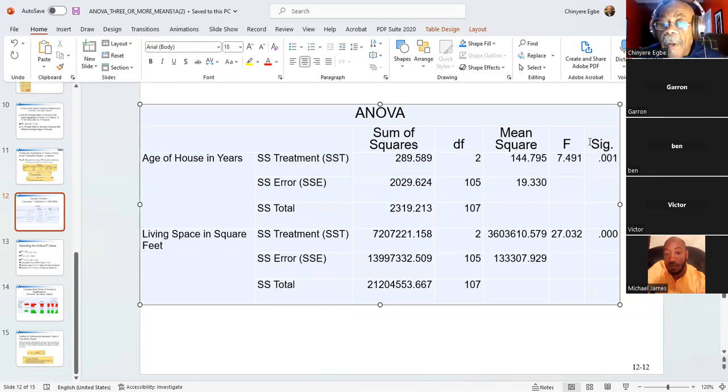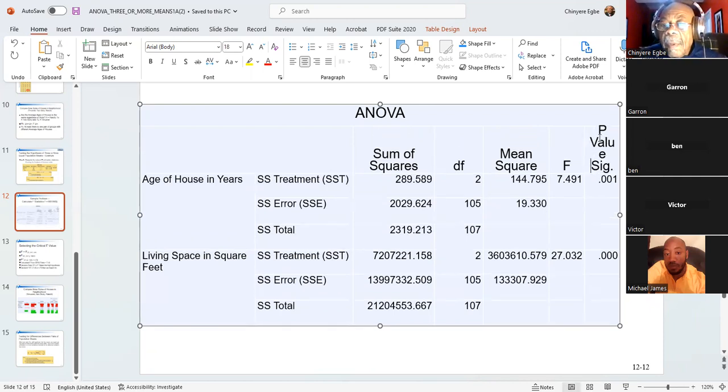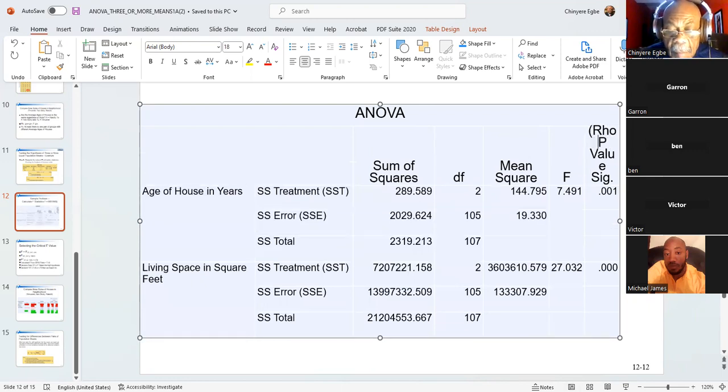Ordinary people call it the p-value. This is rho as in correlation? Yes, it's rho as in the Greek rho.